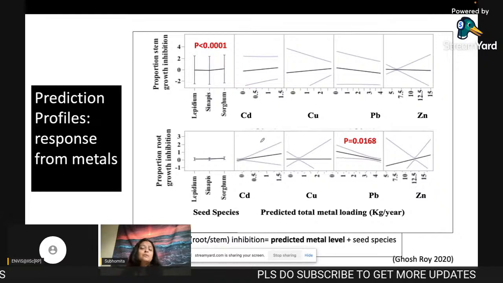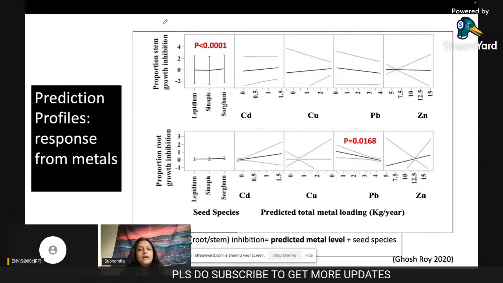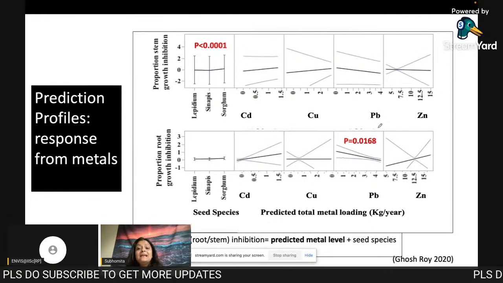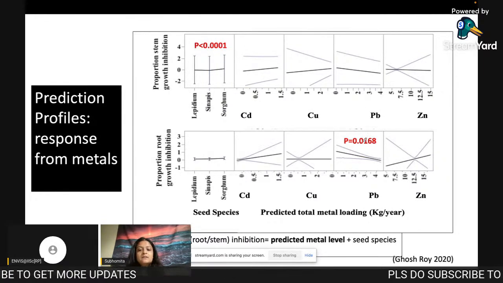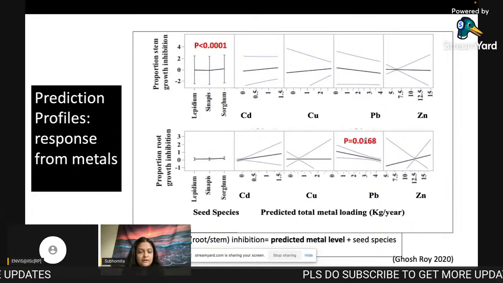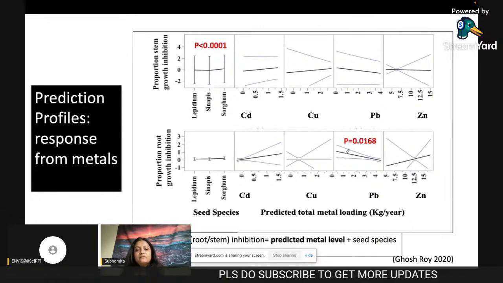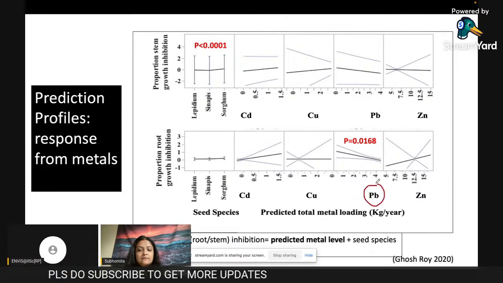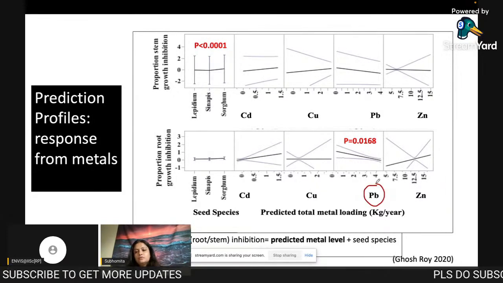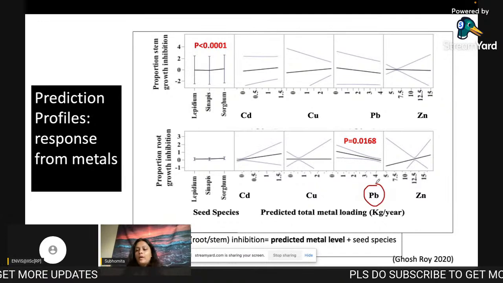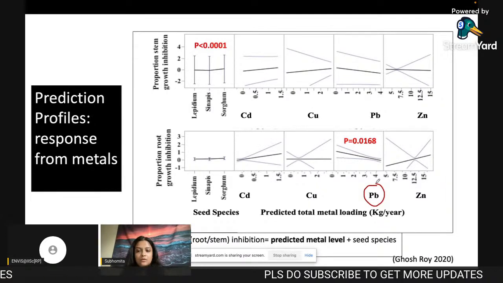We did the same thing with metals also. We again saw a more interesting response from the sorghum species, and lead gave us some very statistically significant results. With an increase of lead, there was a drop in inhibition, and this was an interesting finding throughout. Lead had a way different story in this ecosystem.